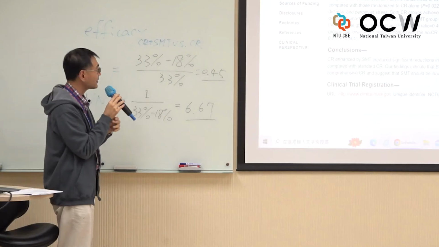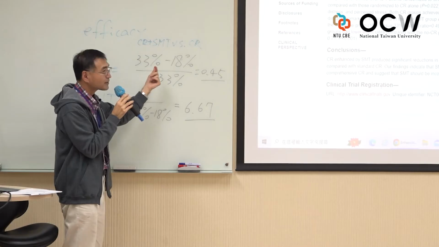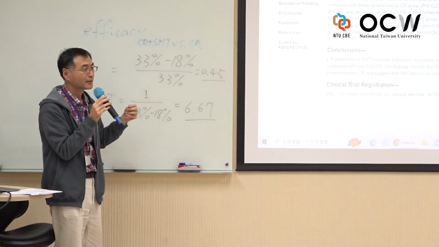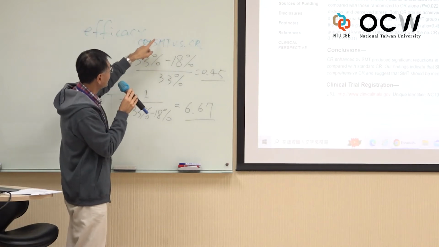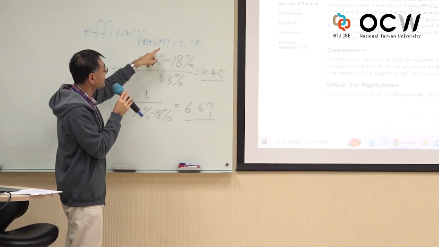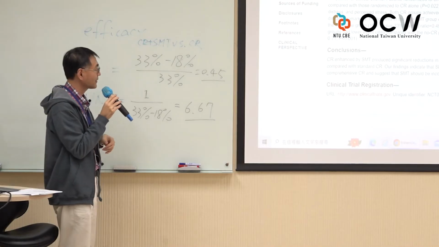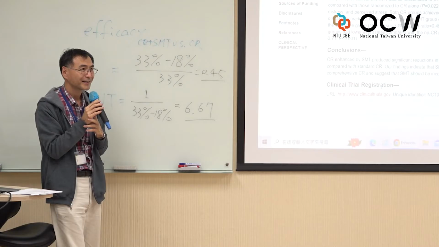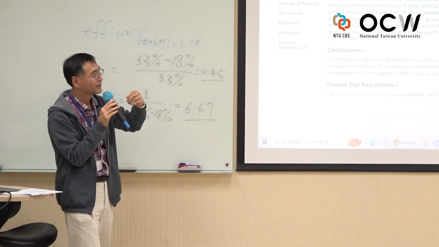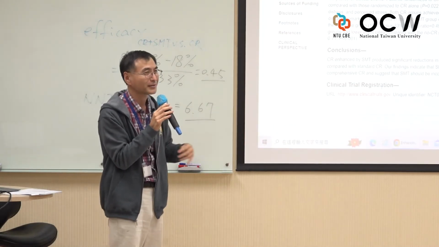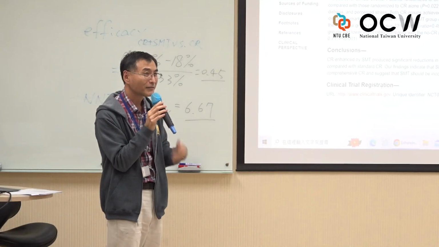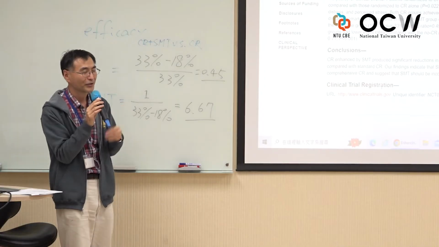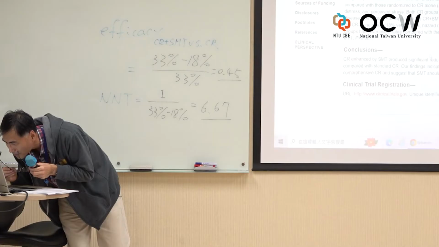In other words, it could save almost half of the events because of the additive new treatment, SMT, right? It could save half of the events. It's much more straightforward than showing you the 18% and 33%. Almost half of them could be prevented. So it's kind of secondary prevention from the clinical events.